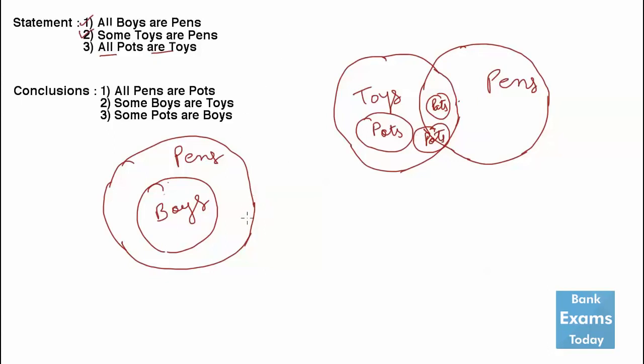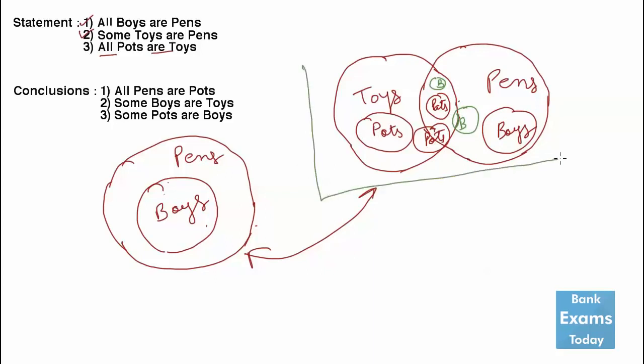So we can join these two diagrams. So boys can be here, or the circle boys can be here, or it can be like this here. Some part is covered there. So this is the final diagram. So we integrated all three statements here.